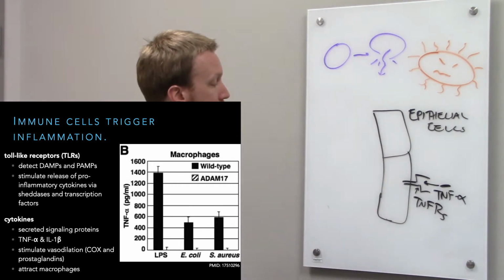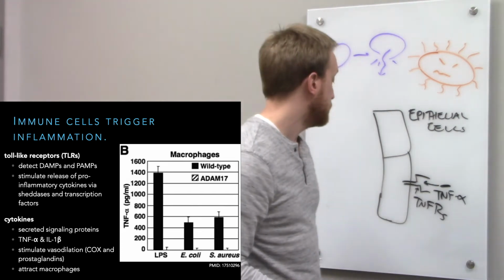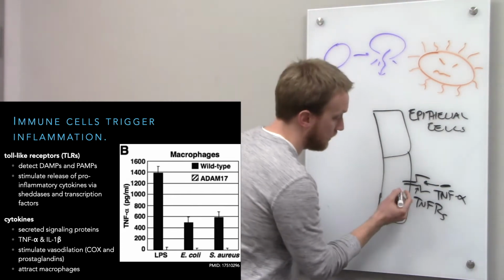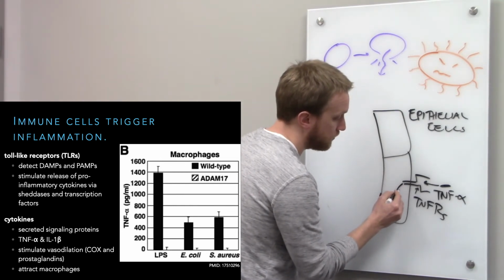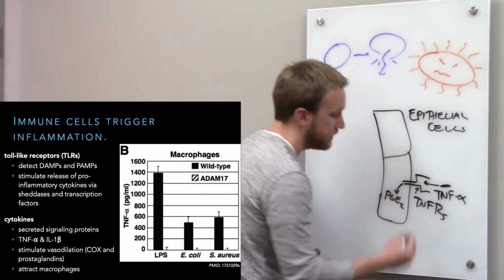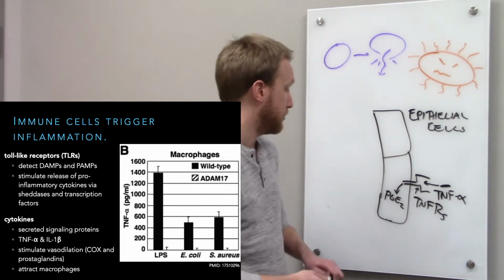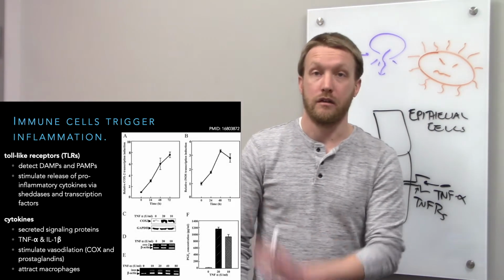When I activate my tumor necrosis factor receptor, this triggers the expression of cyclooxygenase, which then makes prostaglandins. So I'm just going to kind of brush all that under the rug and say we create prostaglandins. For example, prostaglandin E2. And that's what these data are showing us.